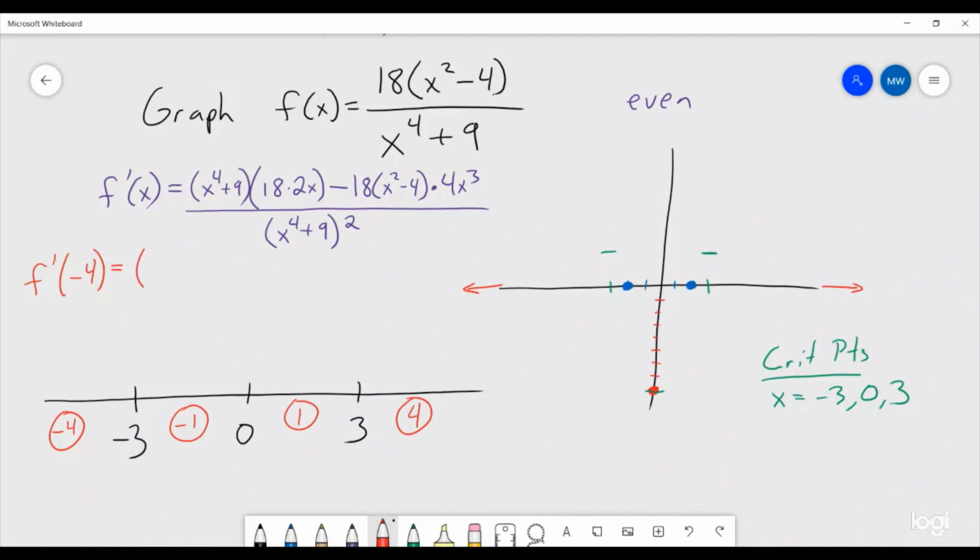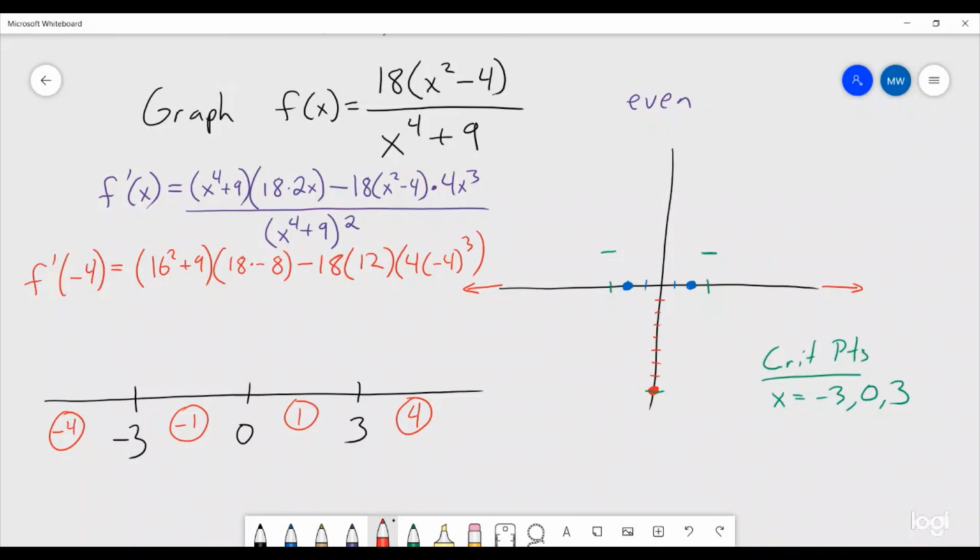So let's see what we get. So negative 4 to the 4th, that's 16 squared plus 9 times 18 times negative 8. We have minus 18 times 16 minus 4, so that's 12, times 4 times negative 4 cubed.